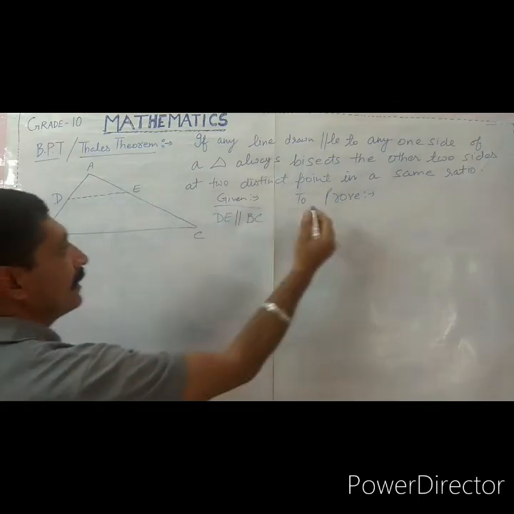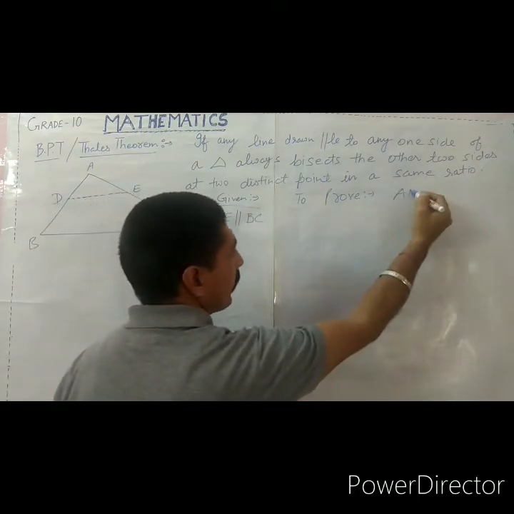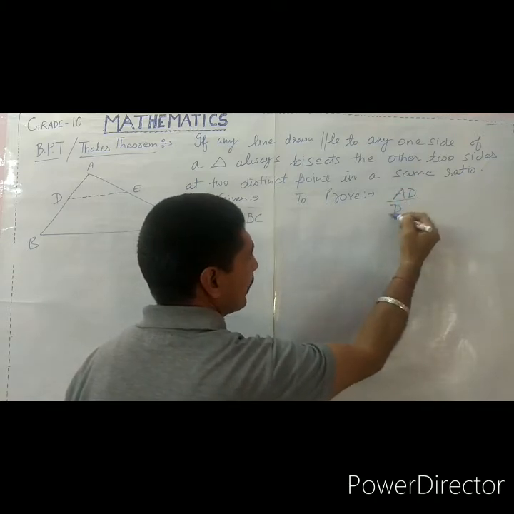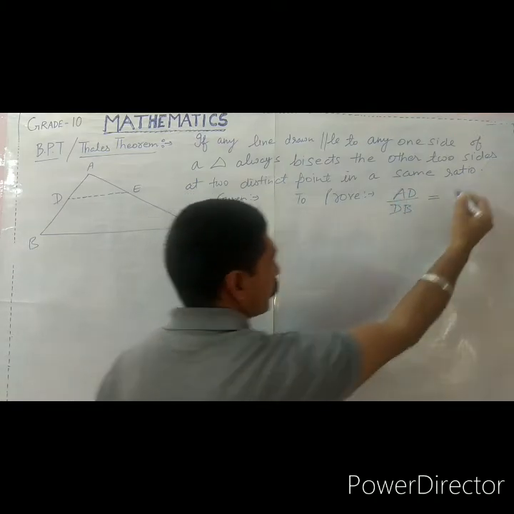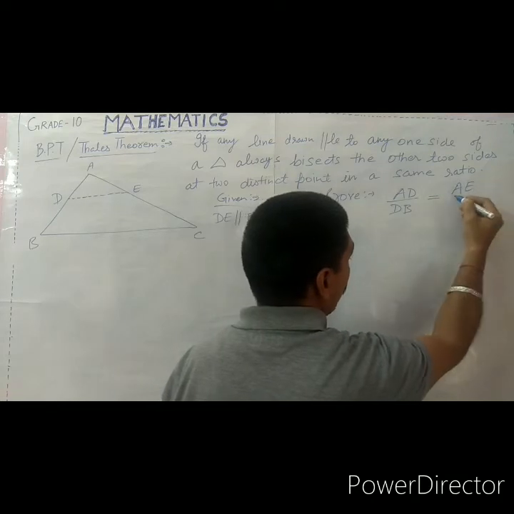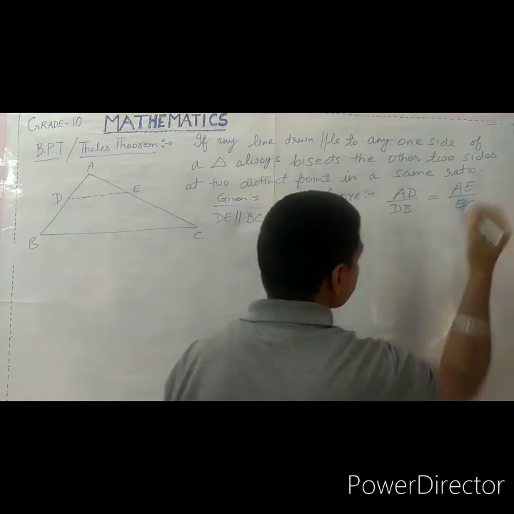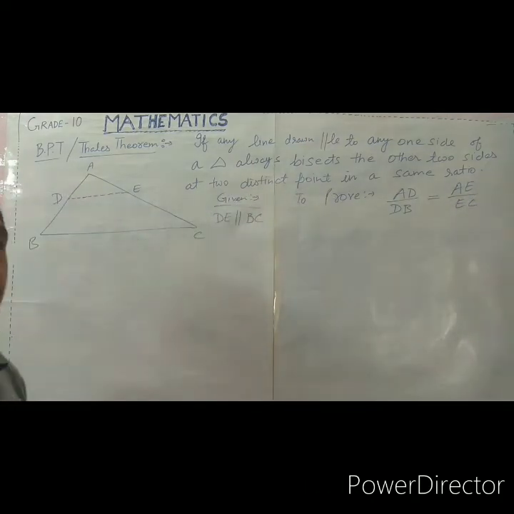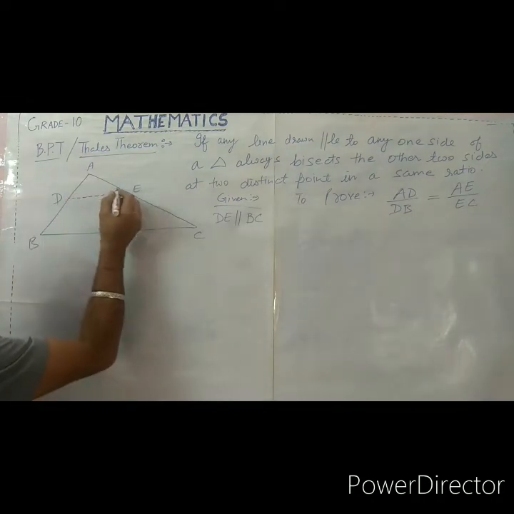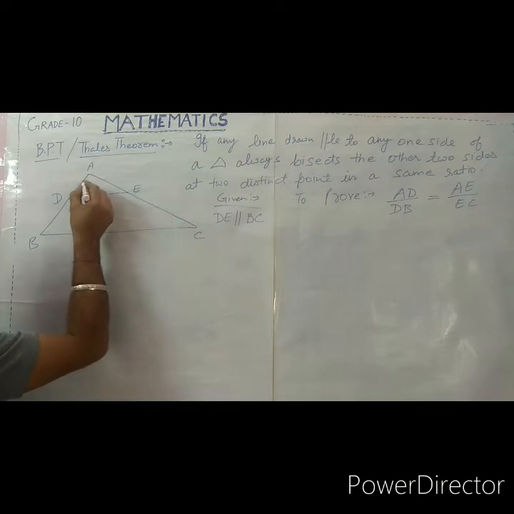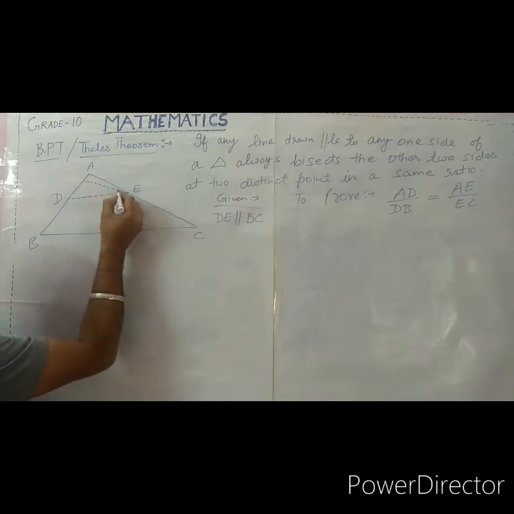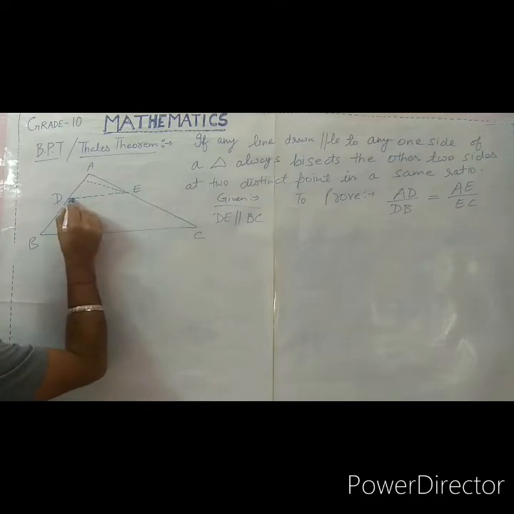We want to prove that AD upon DB is always equal to AE upon EC. So we need some construction here. From point E we can draw one altitude or perpendicular, you can join this one here.